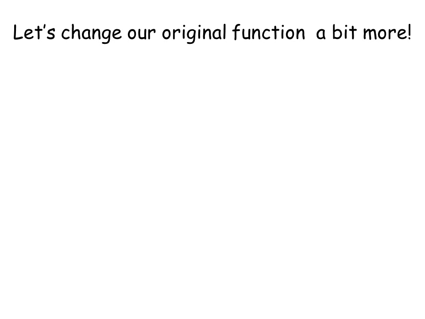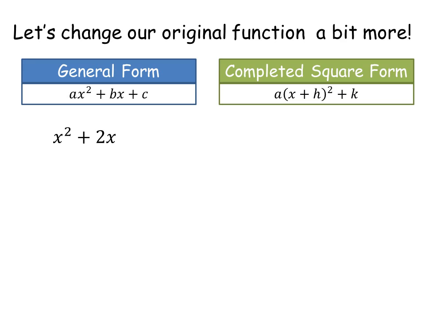Let's change our original function a bit more. x squared plus 2x. Yeah, we're good with that. I know what to do with that. What happens when I have a random minus 3 at the end of it? Well, I am concerned with my x squared and my x terms.